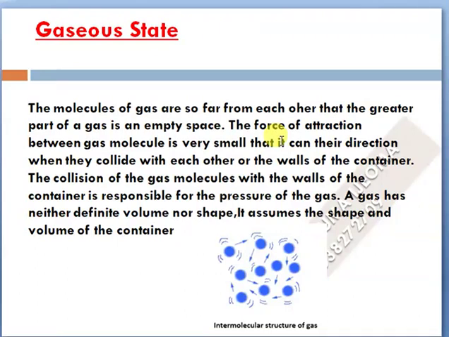So these molecules of gas move in a straight line with a very high speed, changing their direction when they collide with each other or with the walls of their container. Because they move with a very high speed in a straight line, they change their direction, and because of that they collide with each other, because they move randomly, in a random manner.